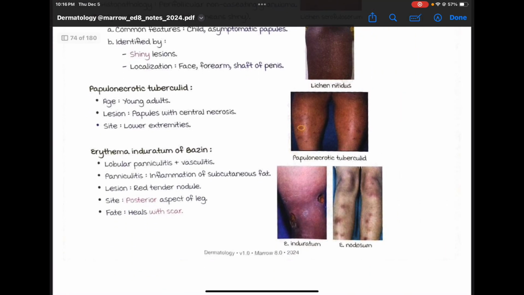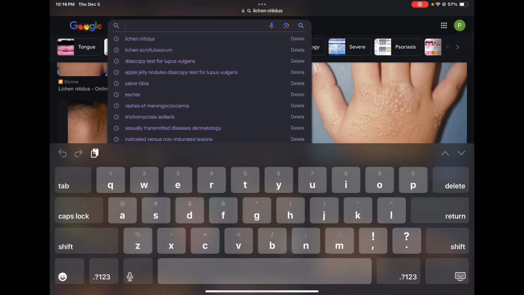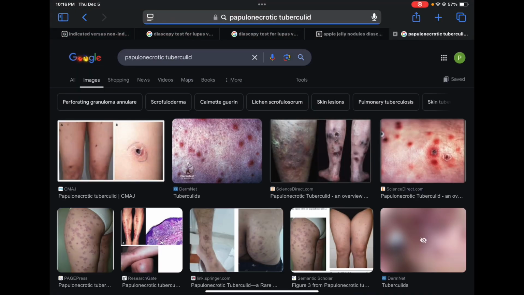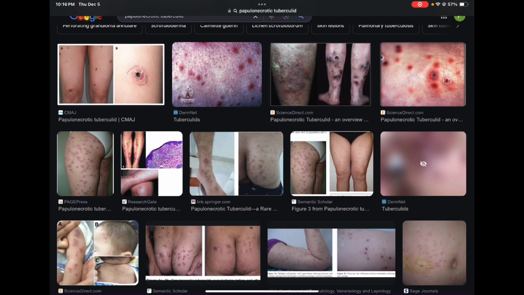Papulonecrotic tuberculid. Age, young adults. Lesion, papules with central necrosis. Site, lower extremities. Here is an example.